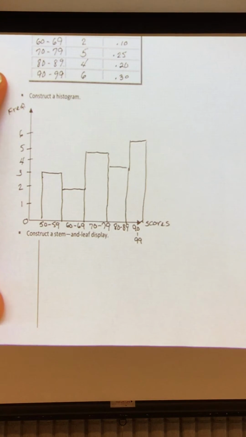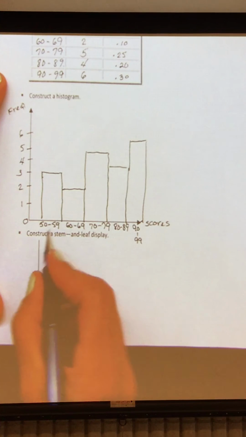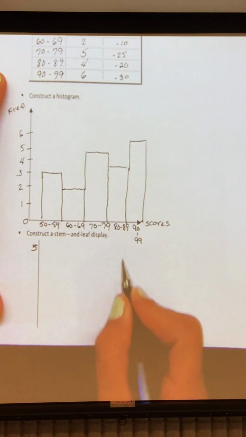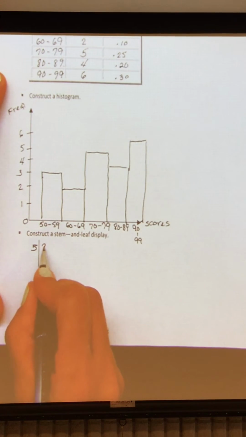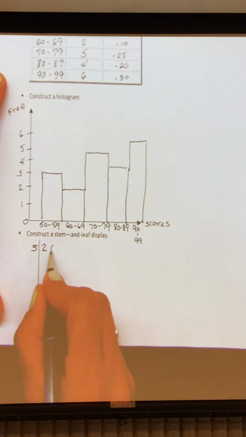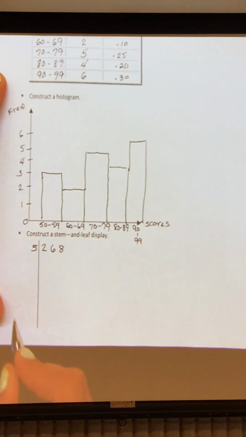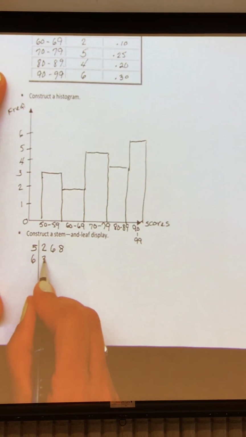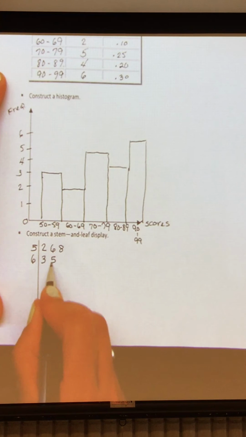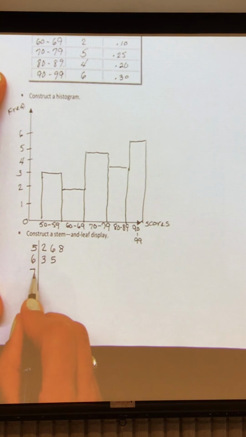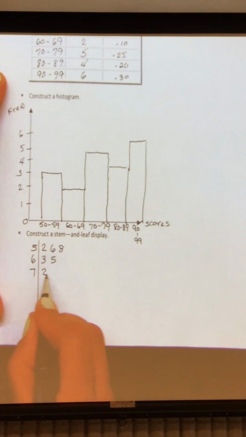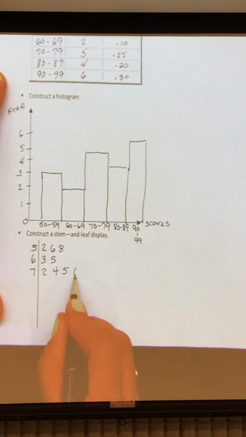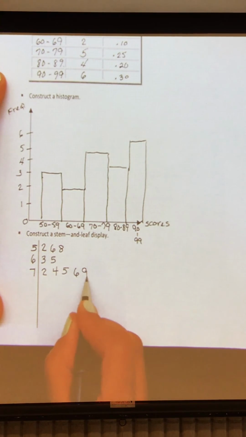And the last step is to construct a stem and leaf. So again, you start with the smallest numbers, and you start with a 5, and you have 52, 56, and 58. The next number is a 6, so you have 63, 65. The next score begins with a 7, and you have 72, 74, 75, 76, and 79.